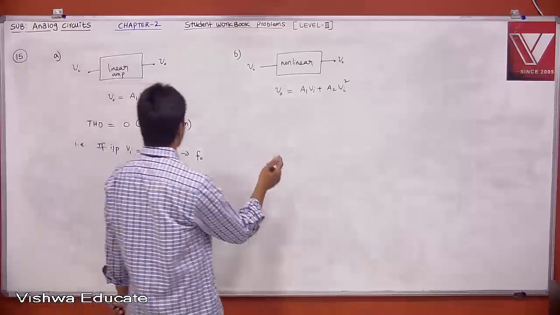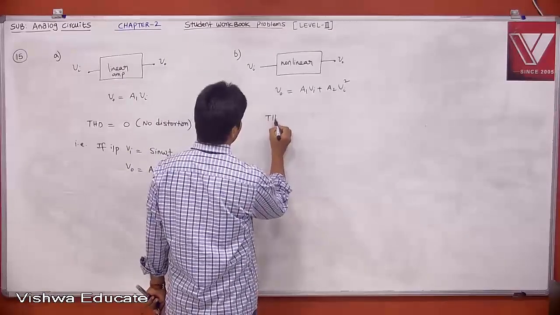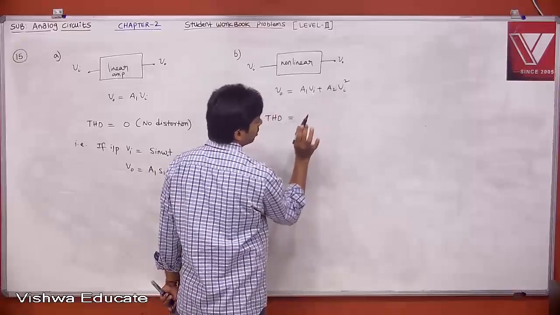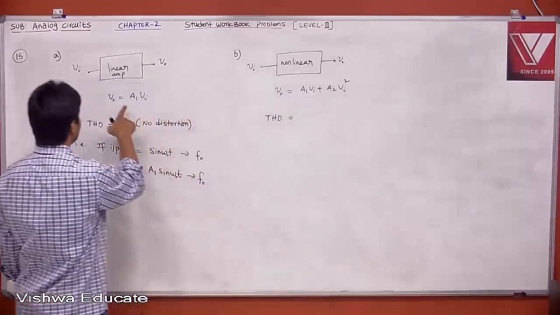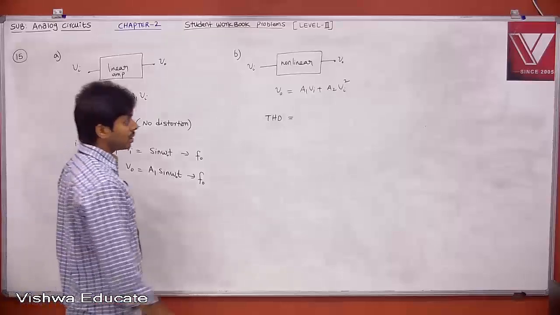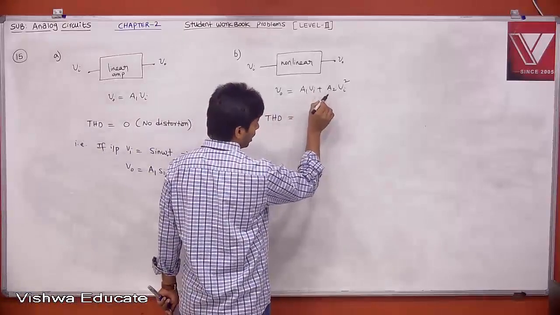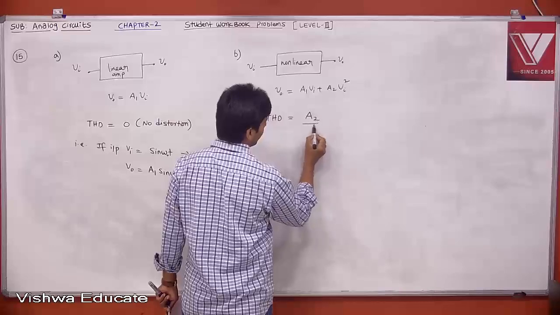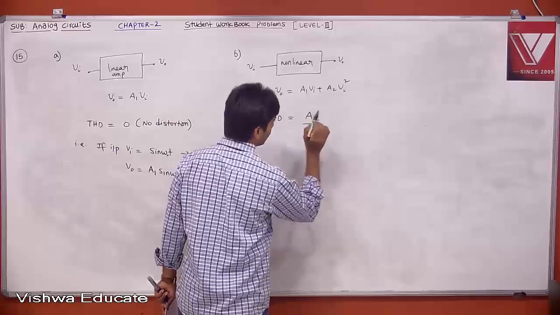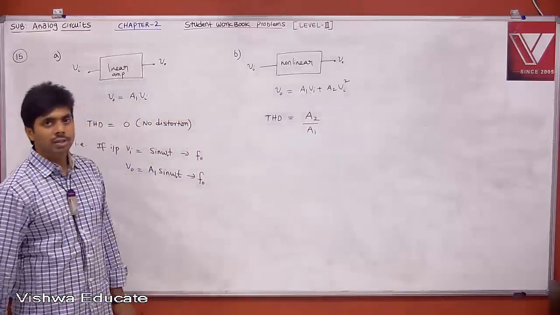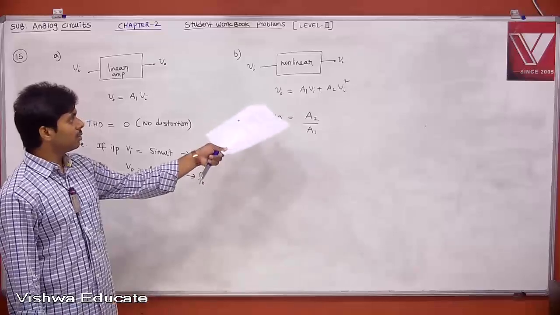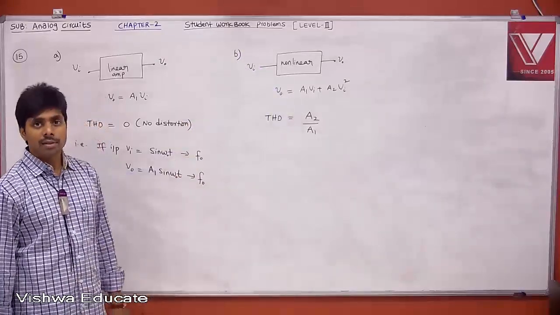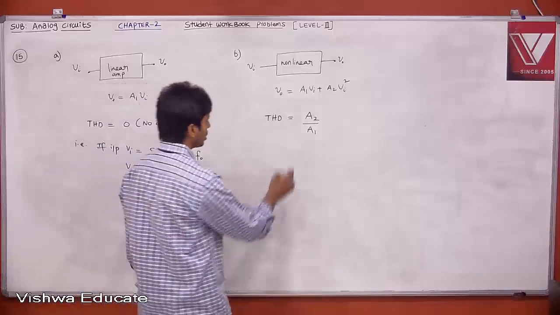Then you know what harmonic distortion is? Ideally A2 should be 0. If A2 is 0, then this is nothing but a linear amplifier. But A2 is there, because of this you are getting distortion. That is your harmonic distortion, which is explained like A2 divided by A1. If A2 is increasing and A2 is comparable to A1, then you have significant harmonic distortion. What does it mean?